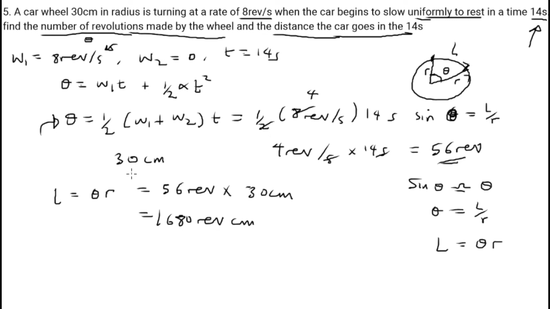But I can decide to convert it to rad. If I convert it to rad, and I convert 30 centimeter to meters, then I should have 56 multiplied by 2 pi, and then multiplied by 0.3.